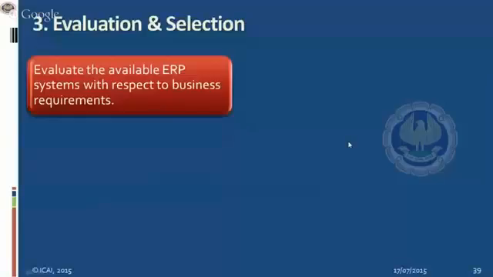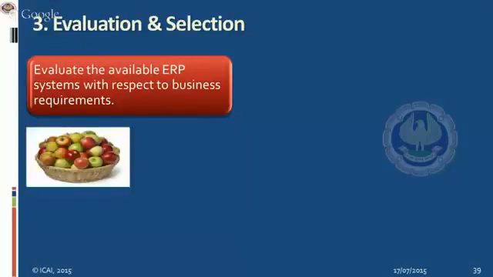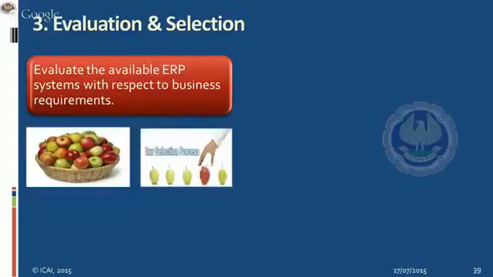So before buying ERP software, every vendor will promise you all the things: I can provide this, I can provide that also. We need to understand the actual requirement and correlate it with the existing facilities and features available in the software you are evaluating. Out of so many different types of software, we have to pick one software only.